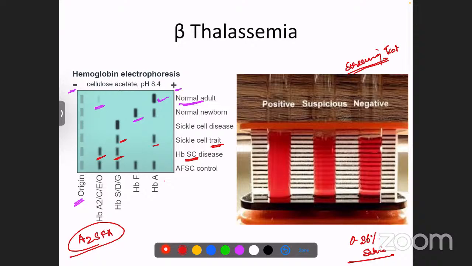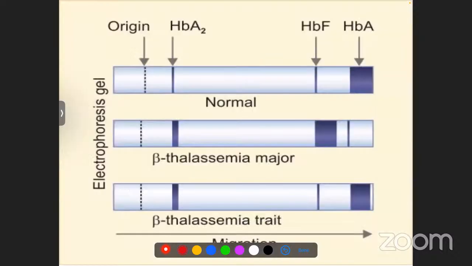Whereas in a positive sample, you are unable to read the lines at the back, so that is positive. This is basically a screening test done in a resource-poor setting, but these days we don't use it because we straight away send the patient for hemoglobin electrophoresis, which is confirmatory. So as I already said, A2, if at all any band here, it is S, then F, A. Okay, so here what happens?